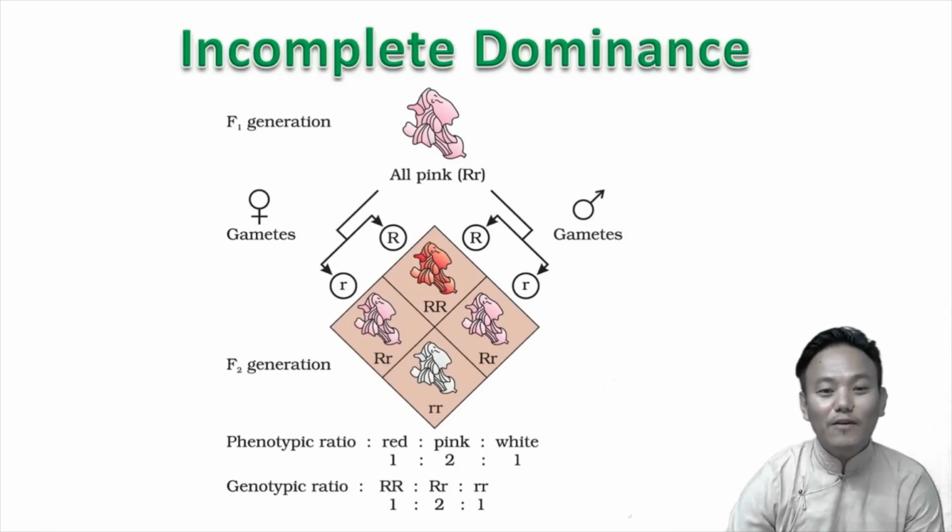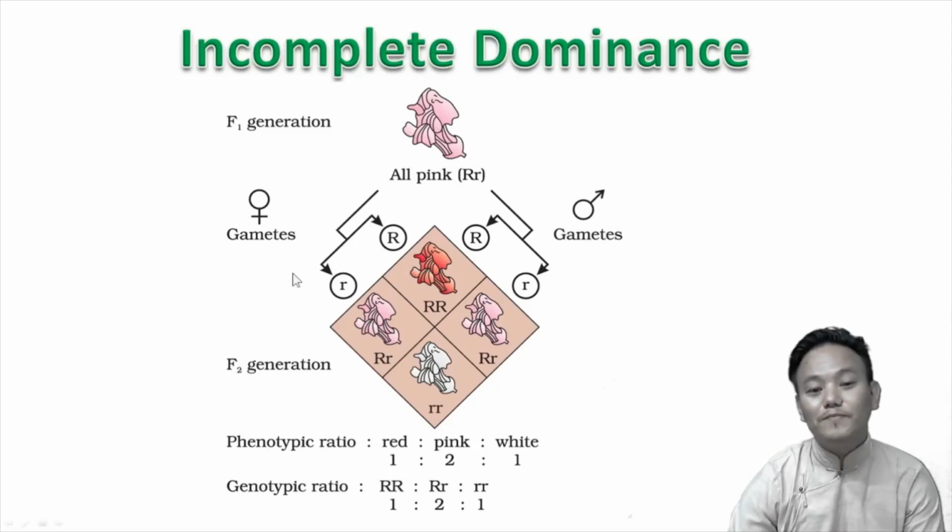In Gregor Mendel's monohybrid cross, we should have got a 3:1 ratio. The phenotypic ratio of a monohybrid cross should have been 3:1. But in the case of incomplete dominance, observed in snapdragon plants, the phenotypic ratio is completely different from Gregor Mendel's 3:1 ratio observed in pea plants.